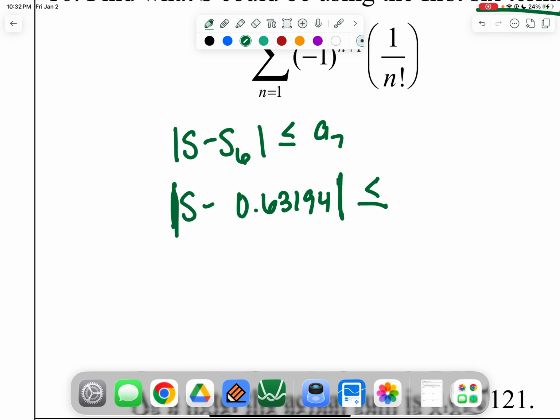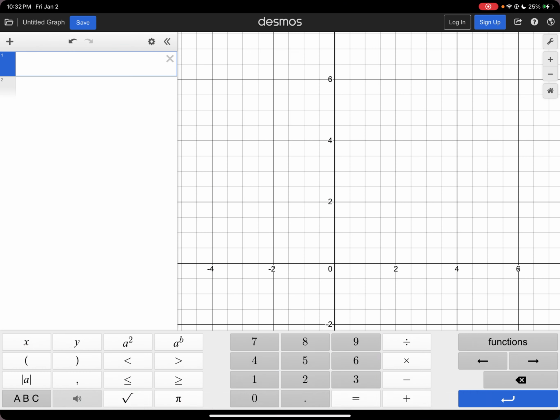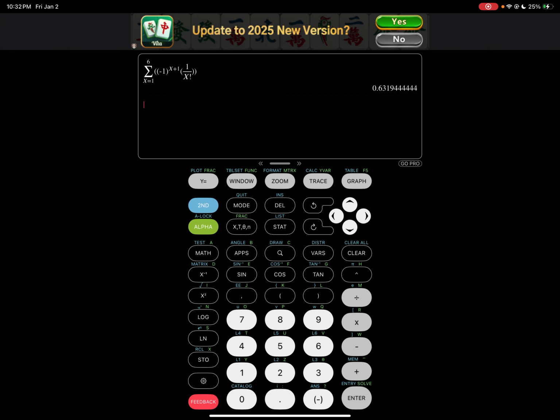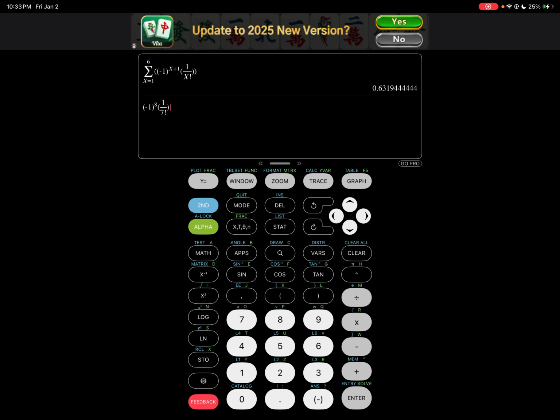And then we are going to look at the next neglected term, aka a sub 7 here. I'm actually going to find the value of it, because we want to find what s could be.